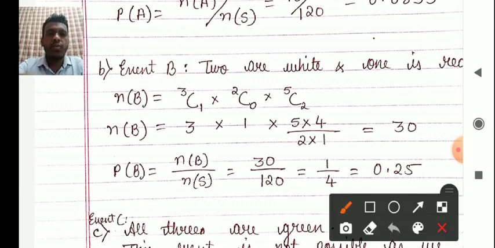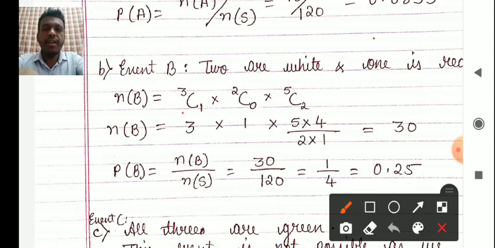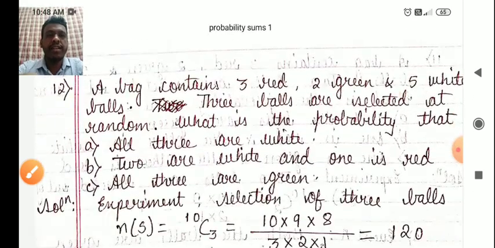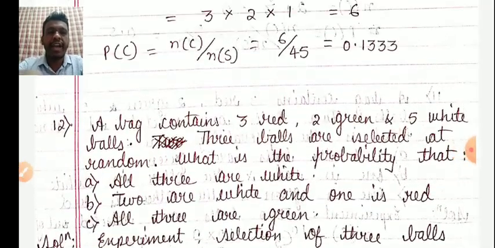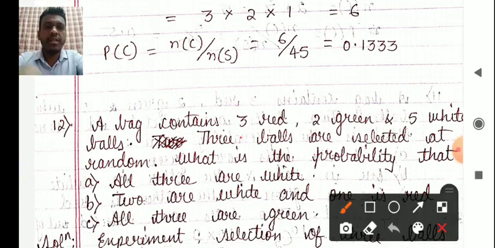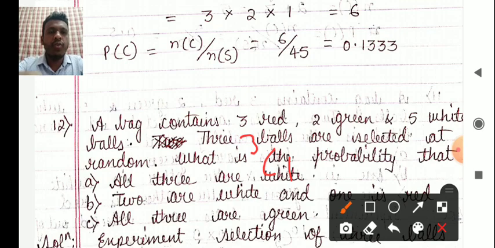Now B: 2 are white and 1 is red. Total 3 balls are there, out of which 1 is red and 2 are white, they have said.